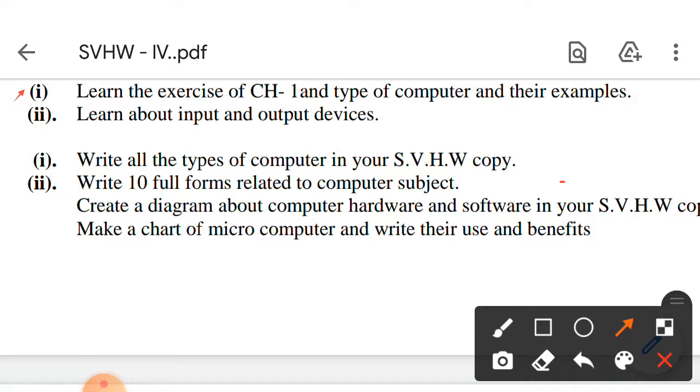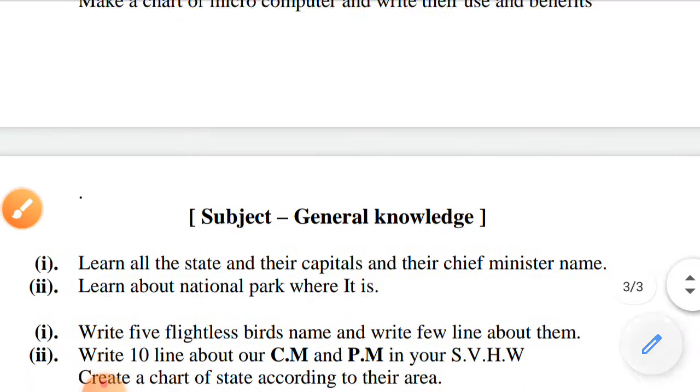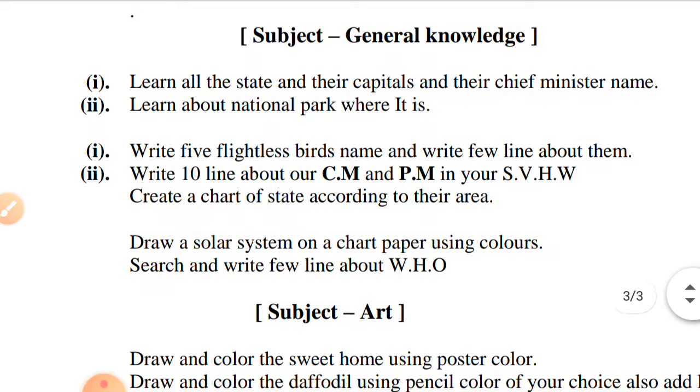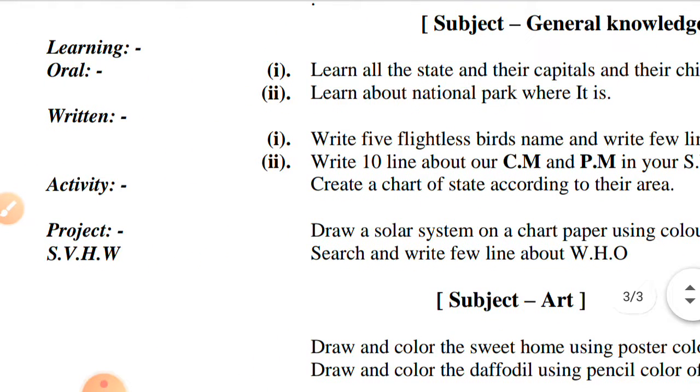Okay. Now come to the GK subject. Now students, in your GK subjects, there are 4 parameters. First is learning oral, second is written, third is activity, and fourth is project.